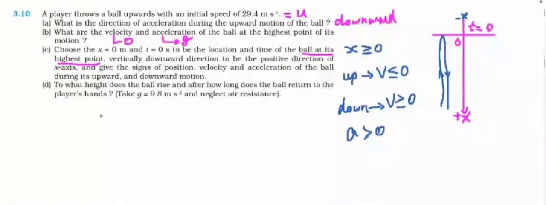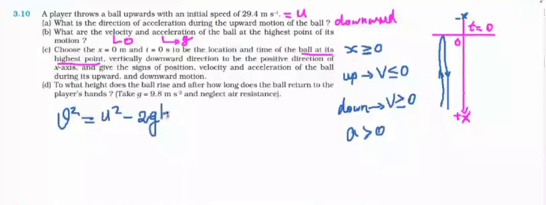Now come to the fourth part of the question. To what height does the ball rise and after how long does the ball return to the player's hands? To what height it rises? You can use the formula v square is equal to u square minus 2gh.